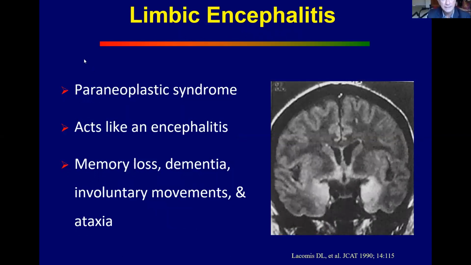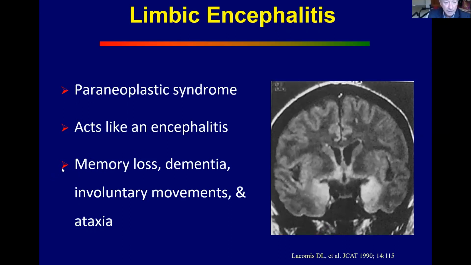Limbic encephalitis is a rare entity, but it's something one must consider if there is dysfunction of the limbic system in a patient who has a tumor. It's a paraneoplastic syndrome, most often associated with small cell carcinoma of the lung, but other neoplasias can also produce this entity. It acts like an encephalitis.